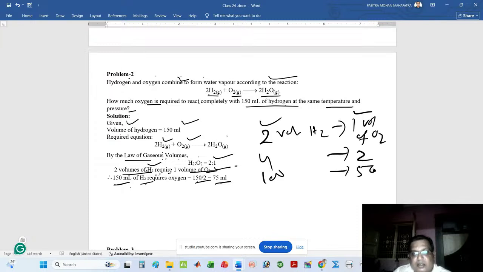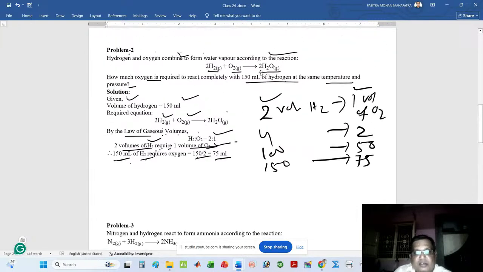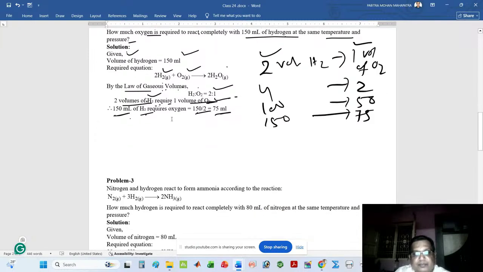If you take 150, then you will get 75. So the answer is 75 ml. So here I can say that 75 ml of oxygen is required to react completely with the 150 ml of hydrogen at the same temperature and pressure. It can be solved by using the law of gaseous volume.